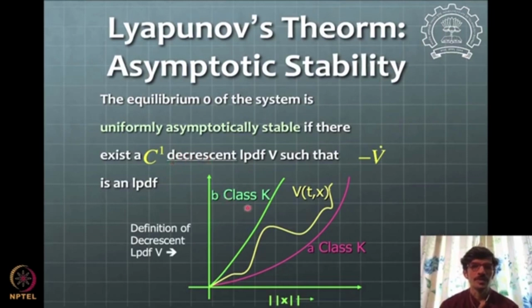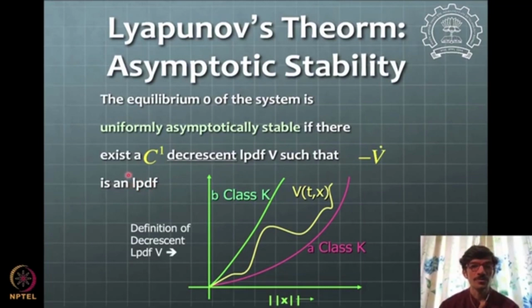Decrescency is an upper bound by a class K function. Then you have the LPDF conditions, which are the same, such that minus v dot is an LPDF function. Now this is not just less than or equal to 0, that equal to sign is not valid now.